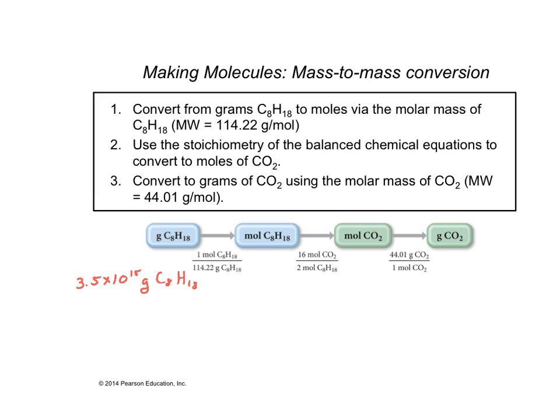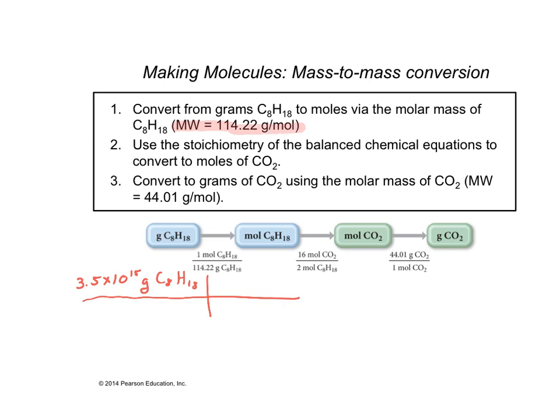Again, we cannot use those relationships in the balanced chemical equation until we are in moles. So how am I going to take my mass of octane and convert to moles of octane? I'm going to take my molar mass, which, lucky for us, they've already calculated for us. The molar mass, or the molecular weight of octane, is 114 grams per mole.